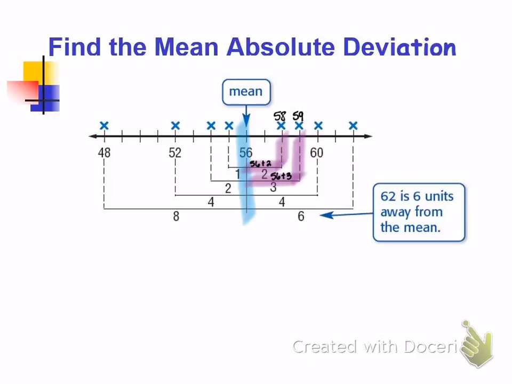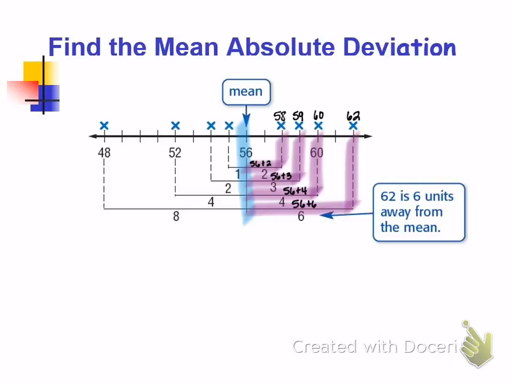If we left the mean and went 4 to the right, we would be at this data value, which would be 56 plus 4, which means this data value was 60. And if we left the mean and went 6 to the right, that would mean that we have 56 plus 6, which is 62.